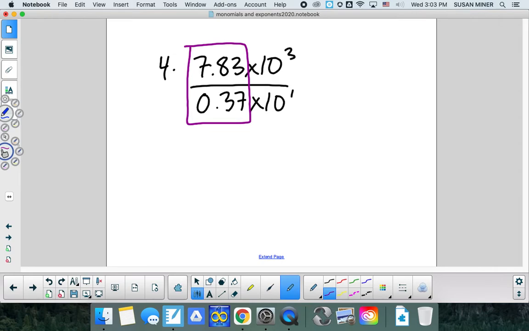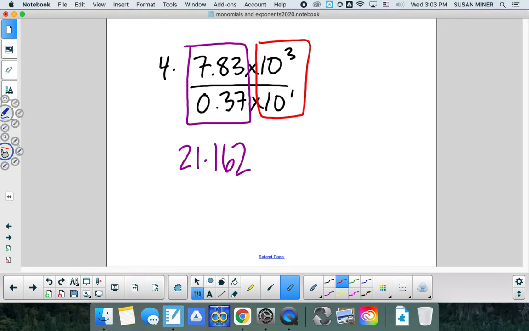And this is really great because we love working with decimals because we can just plug them into our calculator. 21.162. Just going to write that down there. And then I take the back part and I'm going to use my rules of exponents to do the back part. My rules of exponents say, where are there more exponents?